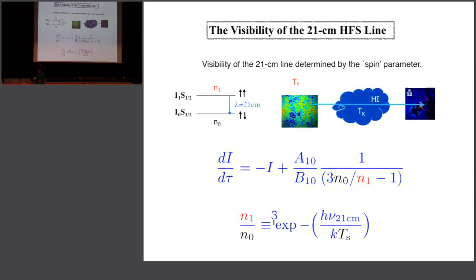Now, this quantity N0 over N1 is usually written slightly differently. It's written as the excitation temperature of this particular transition, or the spin temperature. So this ratio is just Ts, rewritten slightly. If you look at this equation, then the radiative transfer is set entirely by the spin temperature of the gas. Whatever the gas does to the CMB, it's set entirely by the spin temperature.